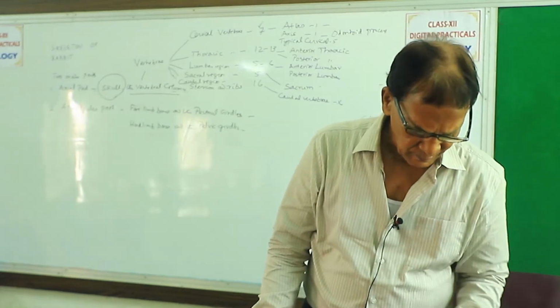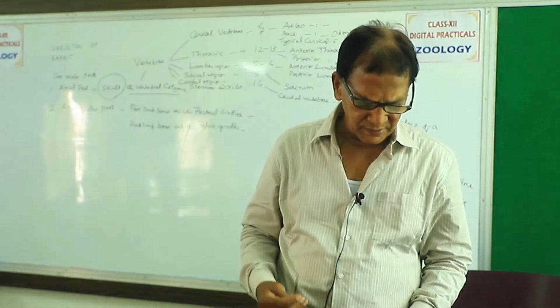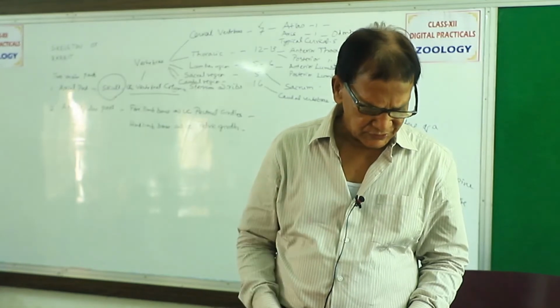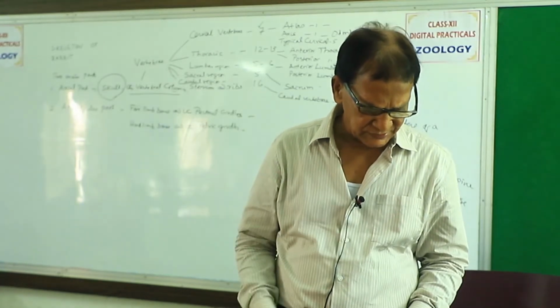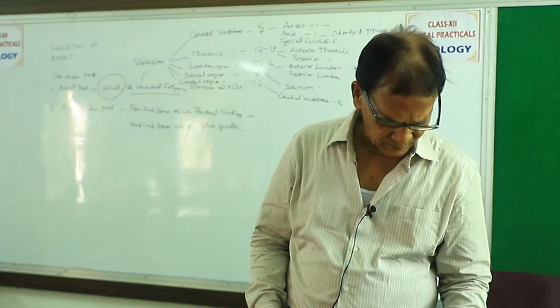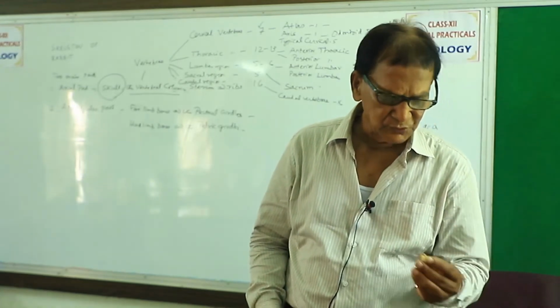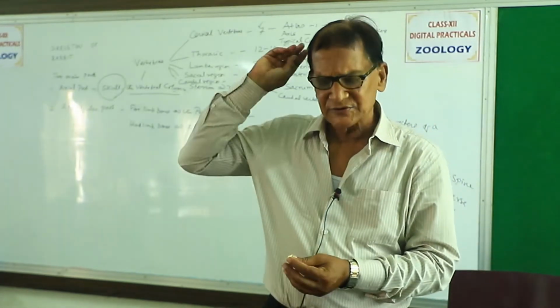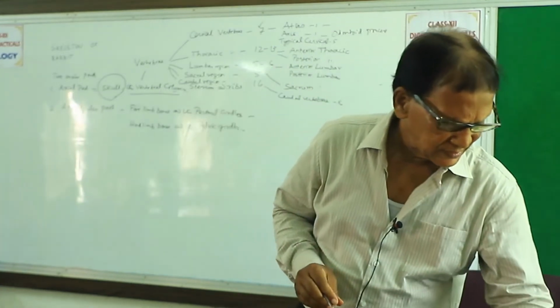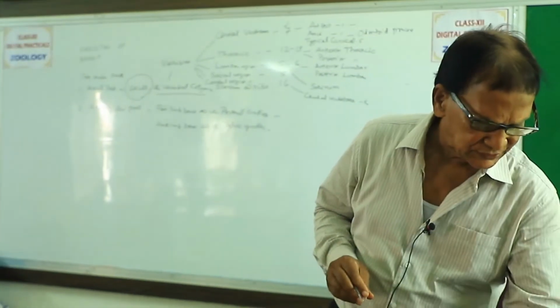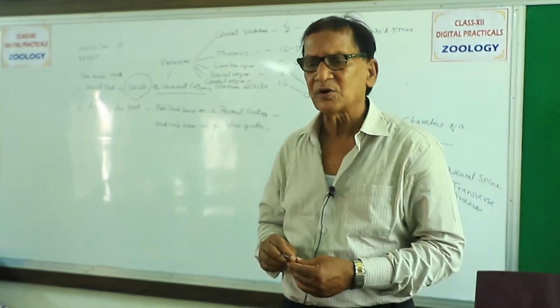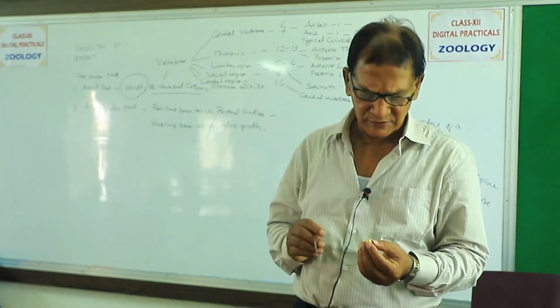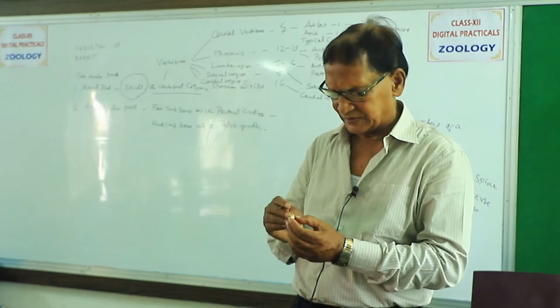Next we come to the typical cervical, because there are 7 cervicals. First is atlas, second is axis, then we have 5 more cervical vertebrae. They are called typical cervicals.